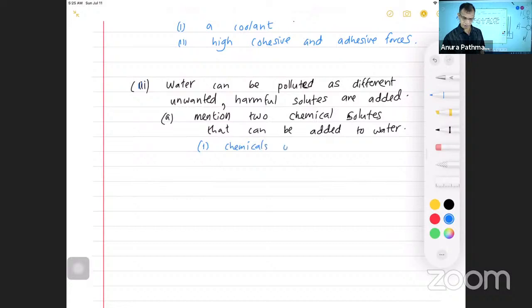Chemicals which contain heavy metals from pesticides and weedicides.